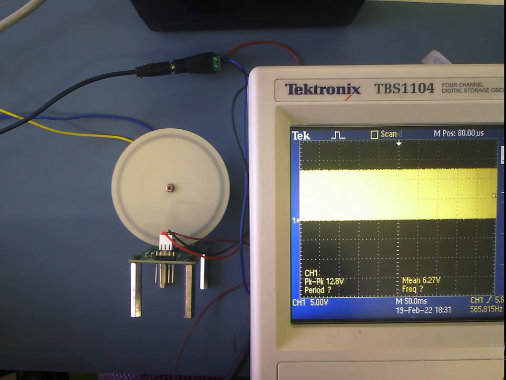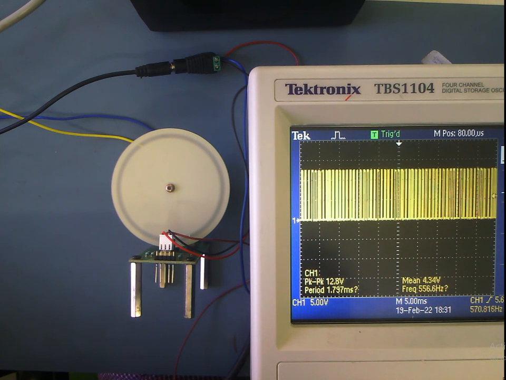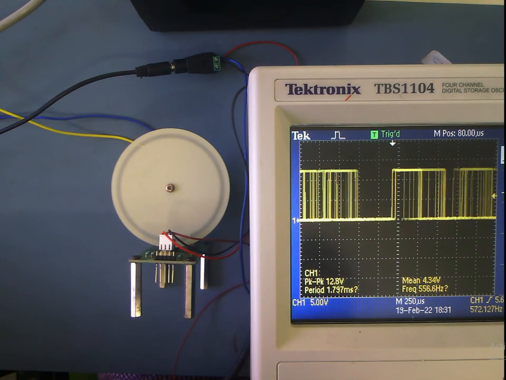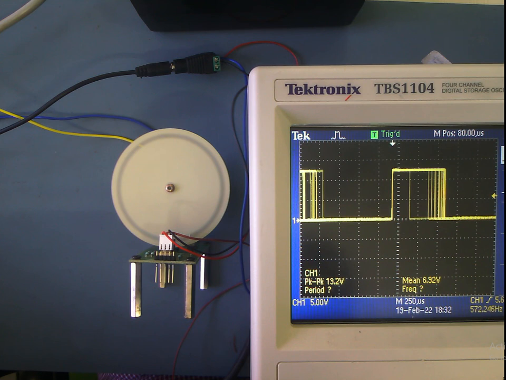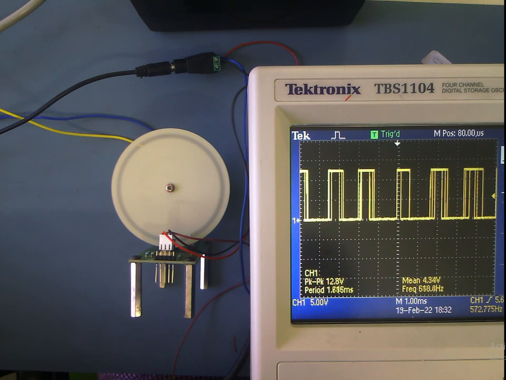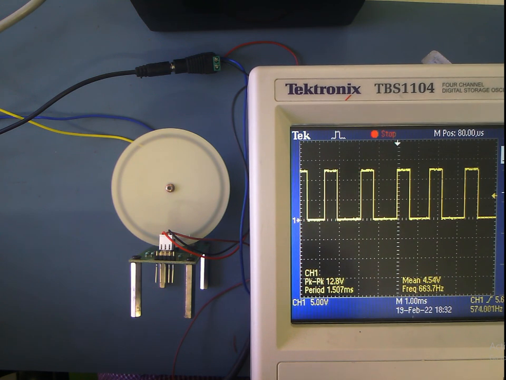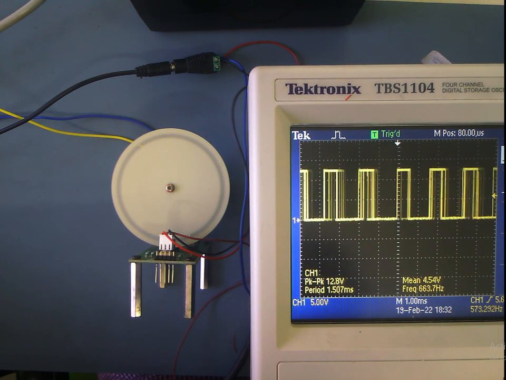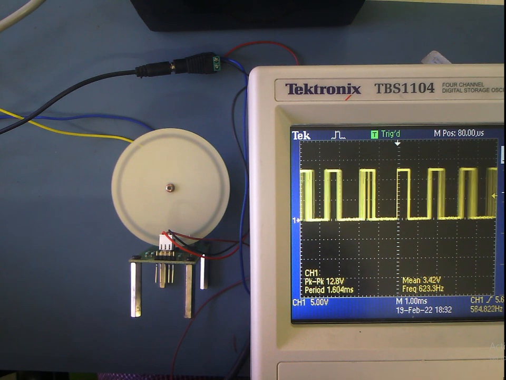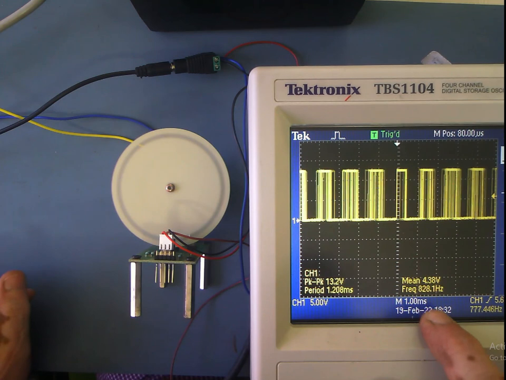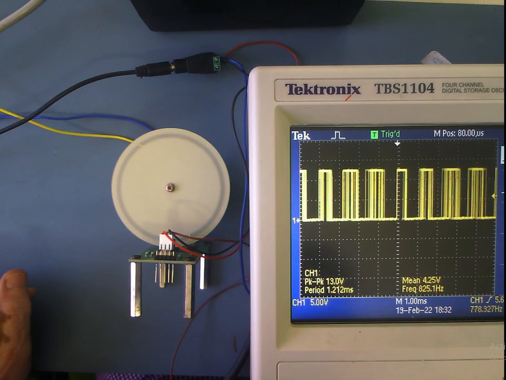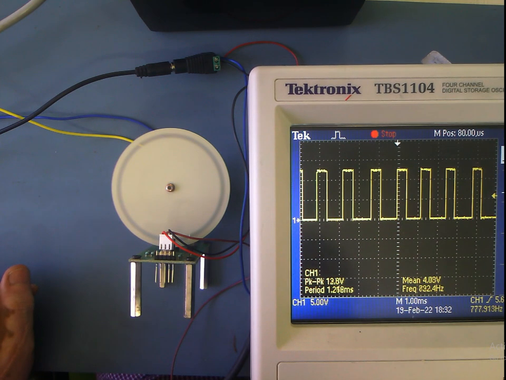I will be adjusting the time base. Now you can see the train of pulses is very clear. What is the frequency? 663.7 Hertz. Now I will increase the speed of the motor. You can see the frequency has increased clearly. Again we can have the view of the pulses.